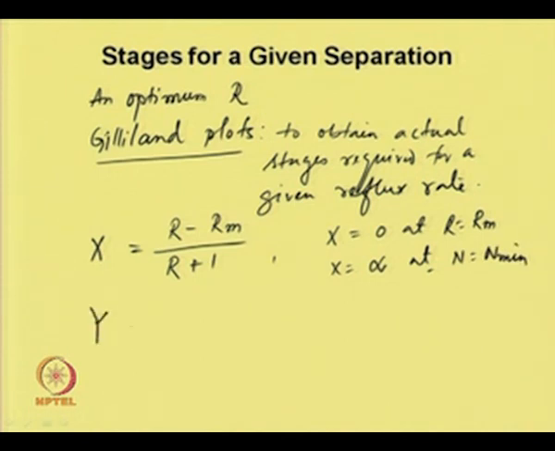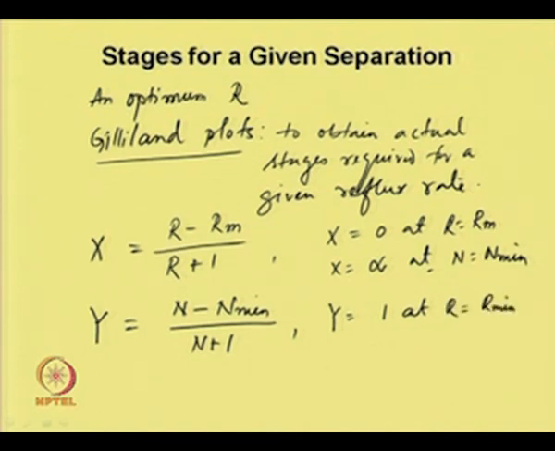So, y is equal to N minus N min divided by N plus 1. This ranges from y is equal to 1 at R is equal to R min, and y is equal to 0 at N is equal to N min. This way we can obtain the number of stages required for a given separation.